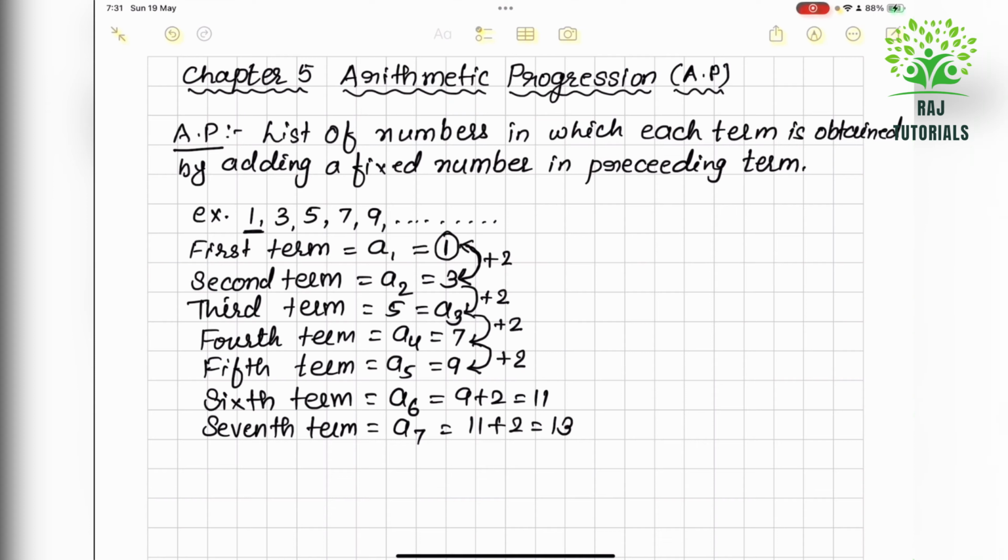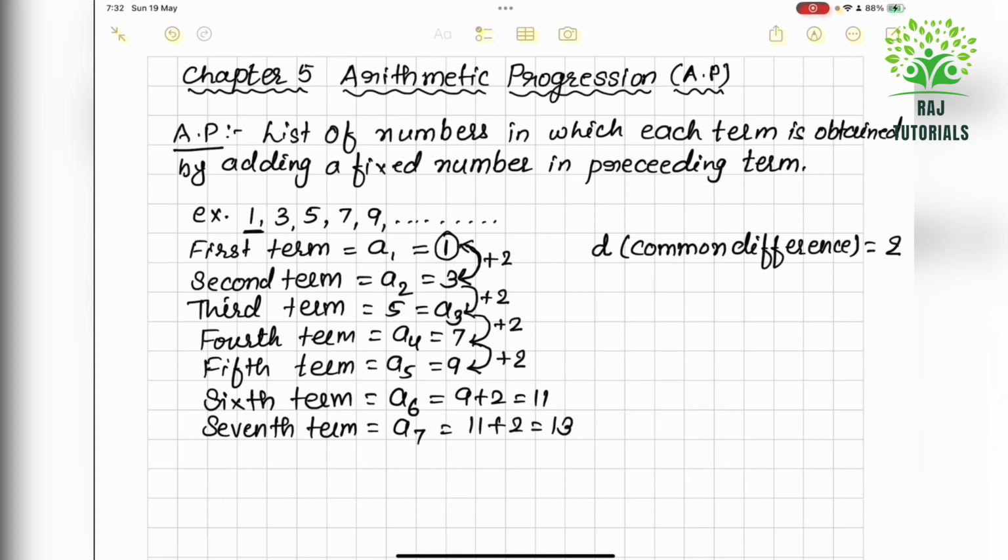Now see here, this plus 2 is nothing but it is called as D, that is common difference. Here it is 2. It can be plus, it can be minus, it can be 0.